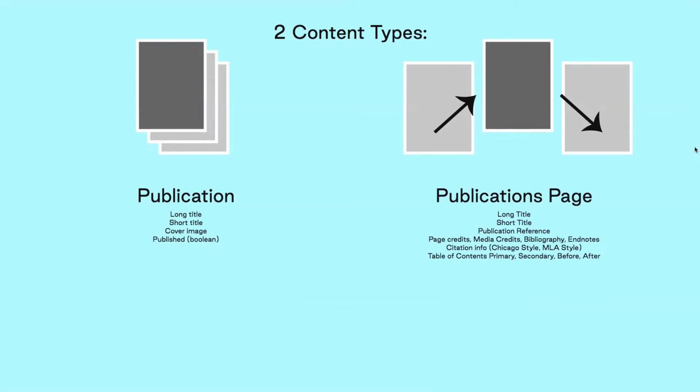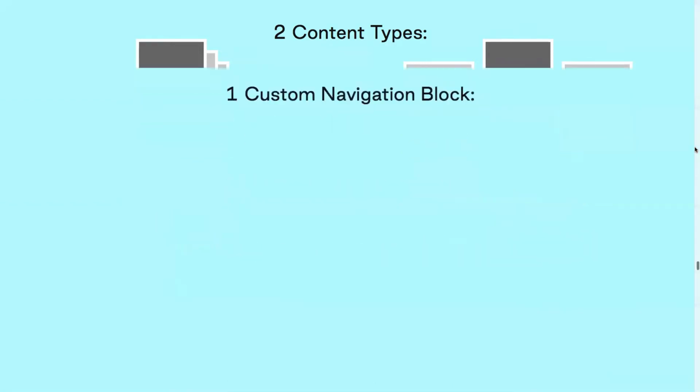And it has a couple extra fields, like I had mentioned, for those scholarly things, as well as 4 different fields for a table of contents. And that was so that we could make something really flexible for them. The initial table of contents we're launching with is one design, but we know later on down the road we might have 2, 3, 4 different layouts just for the table of contents that they'd want to switch between from one publication to another. So the data structure is fairly straightforward.